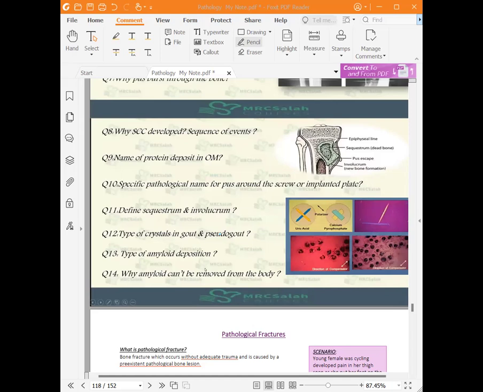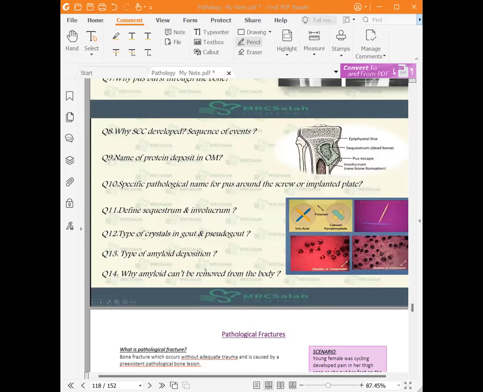Can I add this point? Why amyloid cannot be removed from the body? I'm sorry, say it again. Amyloid fibrils are very hard to break down because of their stability and ordered structure.